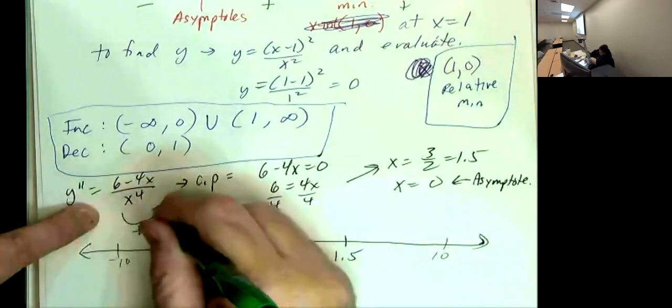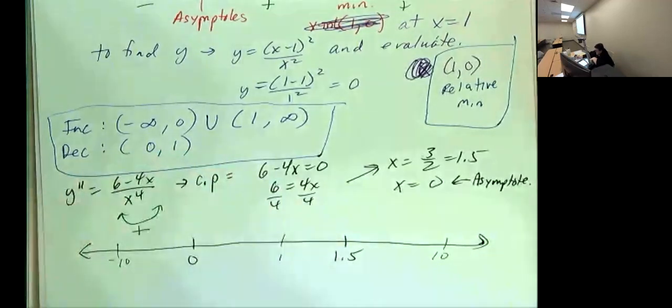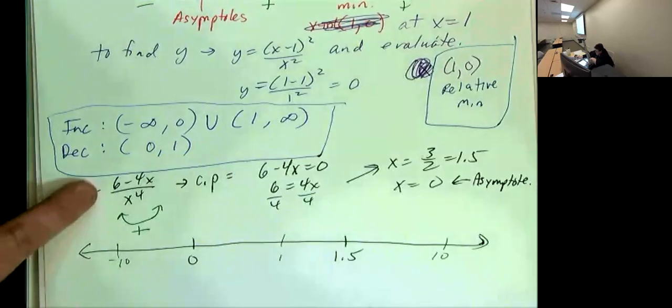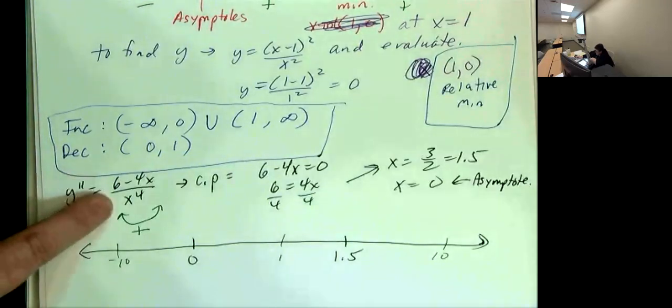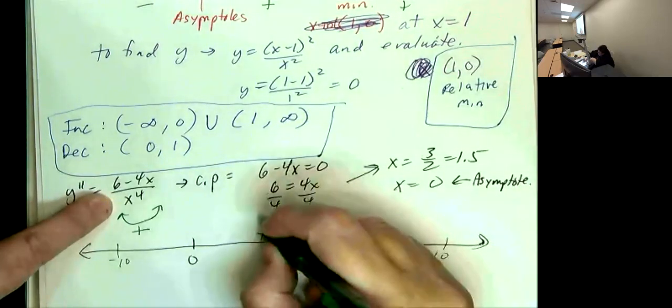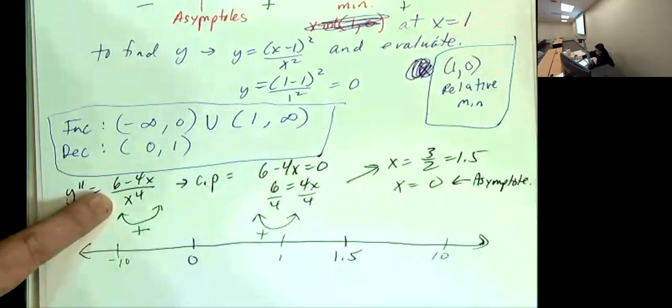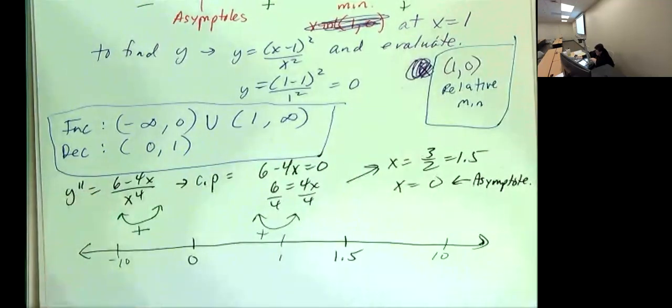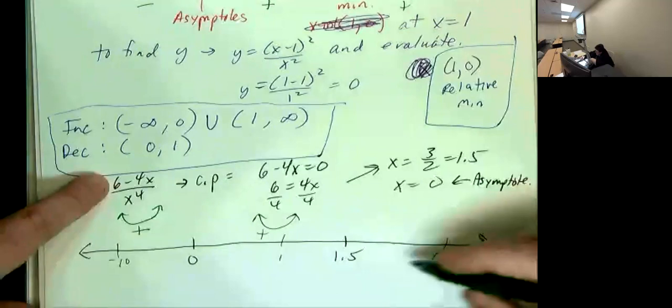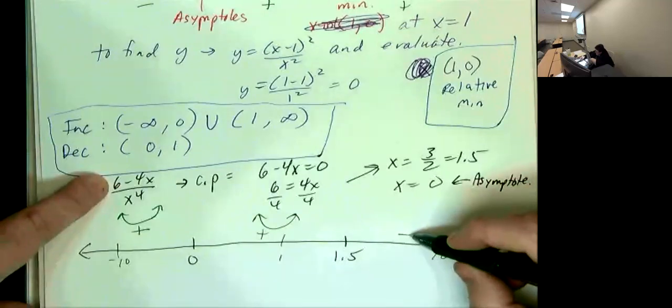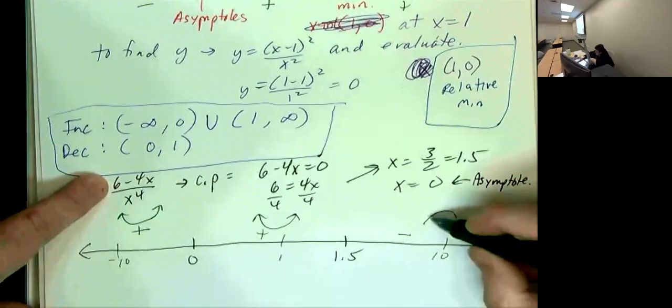It's concave up there. At 1, I've got 6 minus 4 is 2, and on bottom, I've got a 1. This is positive also. So it's concave up from 0 to 1.5. And if I stick in 10, the top is negative, but the bottom is positive still. So it's concave down.